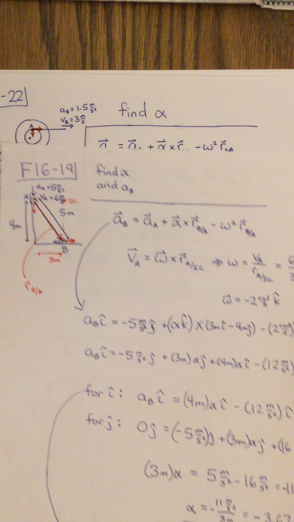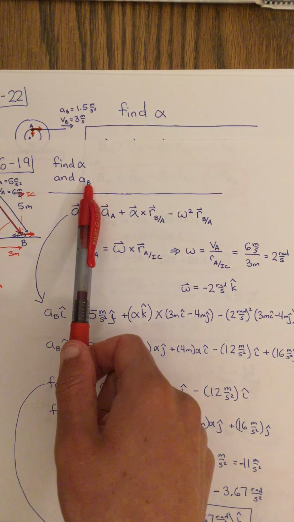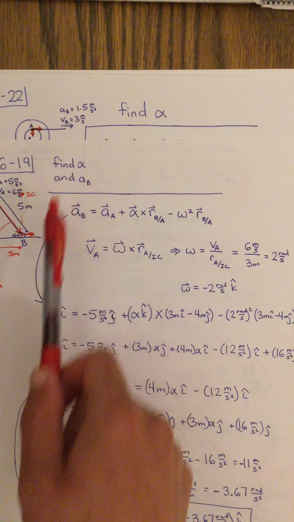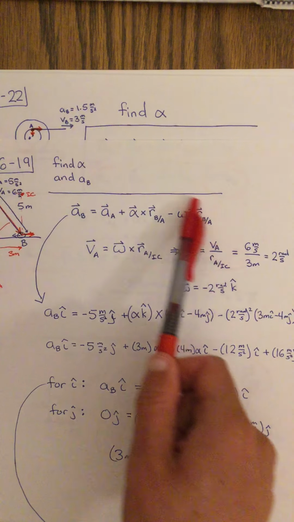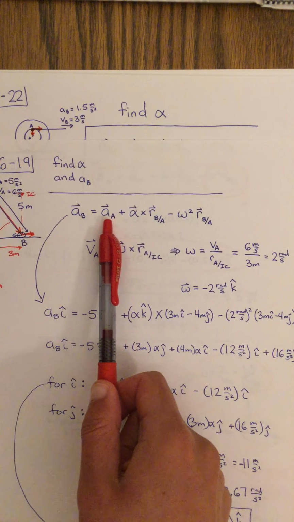Okay, so for fundamental problem 19, I was looking for the acceleration of B and the angular acceleration. So that's 2 unknowns. So if I go back here, I needed to say what the acceleration of A was.